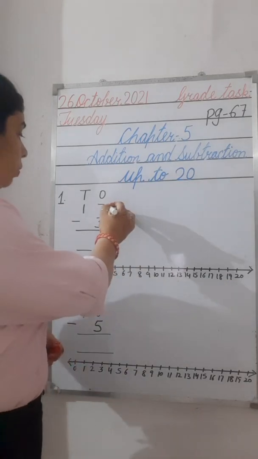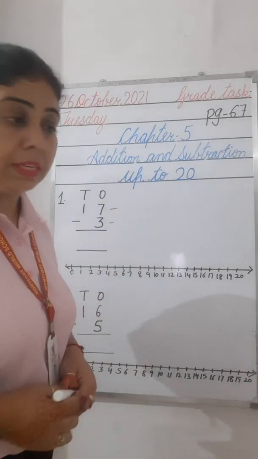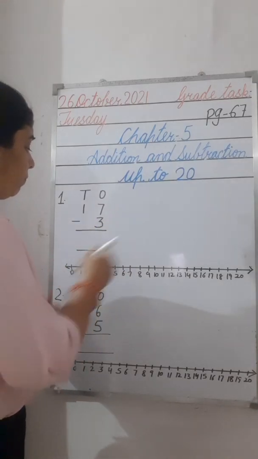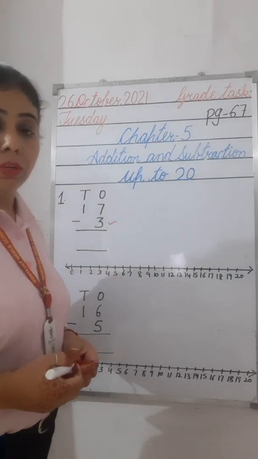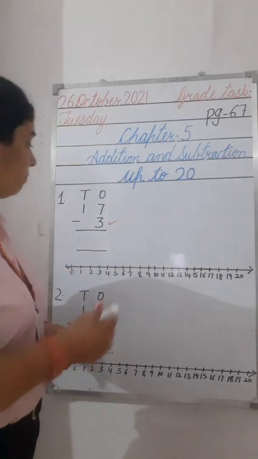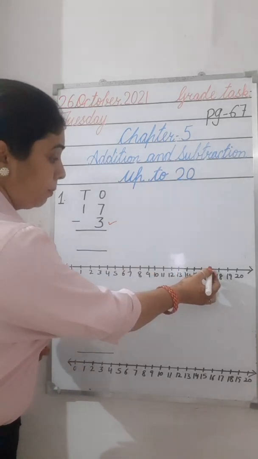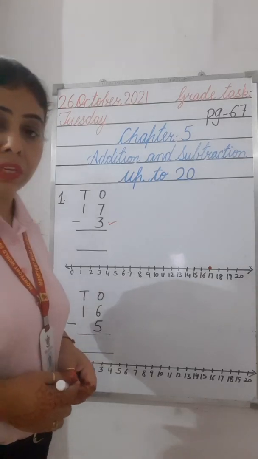See, 17 minus 3. First sum is 17 minus 3. It means we have to subtract 3 out of 17. So, for this, we will directly come on number 17. Okay. Now, how many steps we have to take back?